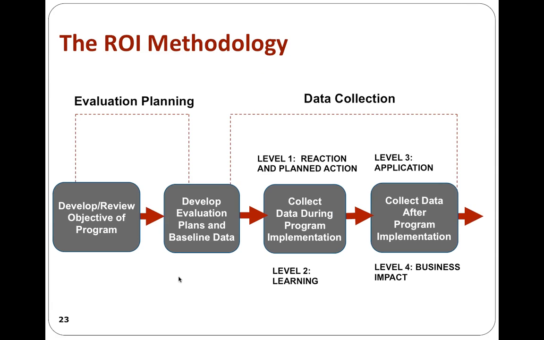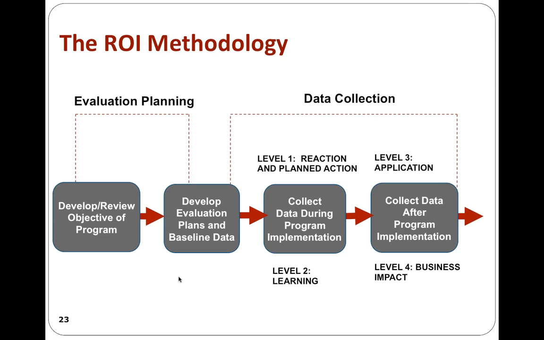And then post-program data collection is application and impact. Now just a note, again, I'll provide you a linkage to a case study that takes you through all of this process, and you'll even see the evaluation planning tools that go along with that. But the one challenge block here is collecting the post-program data. That's the application and impact you see on the right side of your screen.